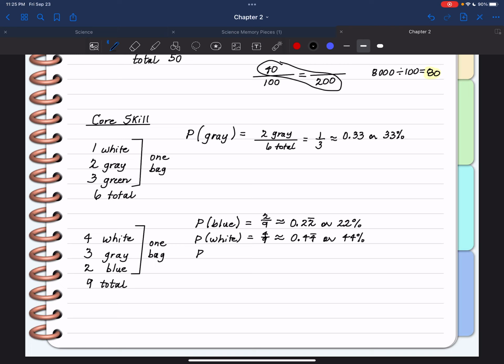The next one is the probability of not blue. Well, there are 9 marbles in the bag, and 7 of them are not blue. 7/9 is 0.7 repeating, or about 77%.